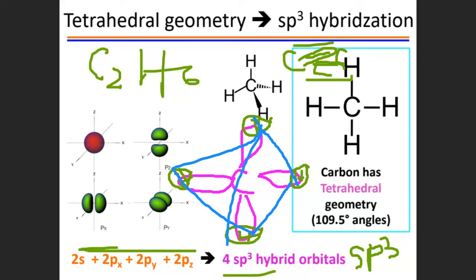This is the kind of angle they make when the shape is like that. Here, carbon and hydrogen form a head-to-head bond. So actually, this is the mechanism of hybridization, how the hybrid orbitals form.